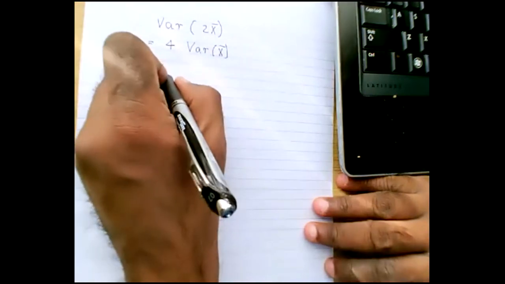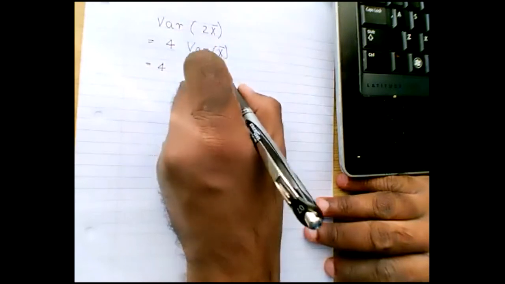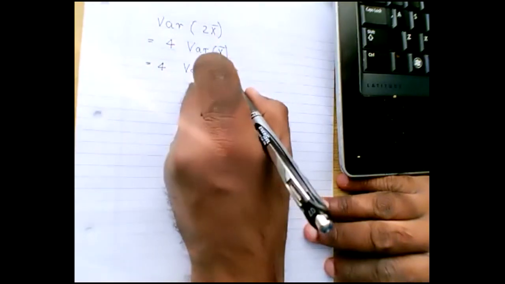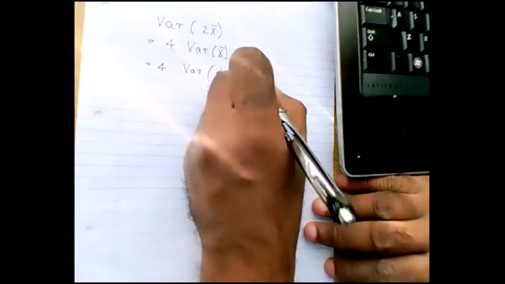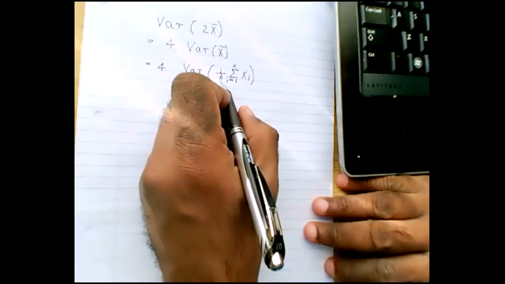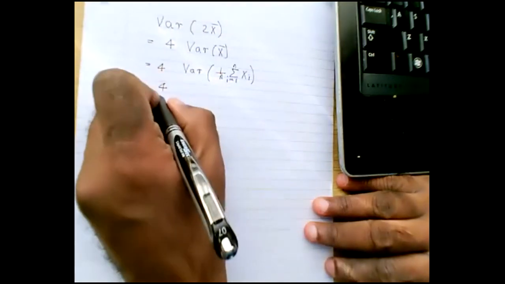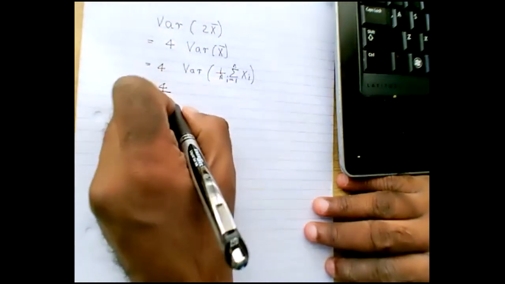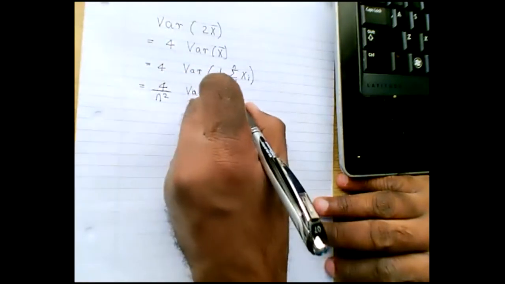So this is 4 times the variance of 1 over n times the sum of xi. Now n, if you pull the n outside of the variance sign, it becomes 4 divided by n squared times the variance of the sum of xi.